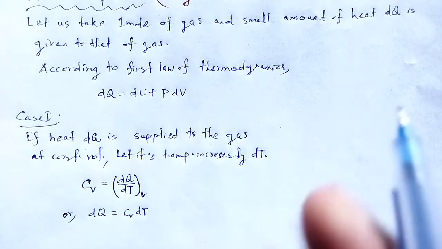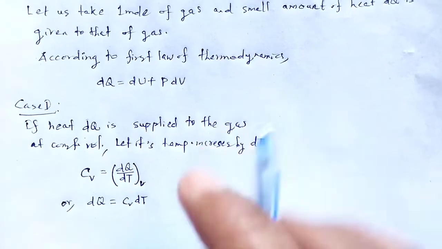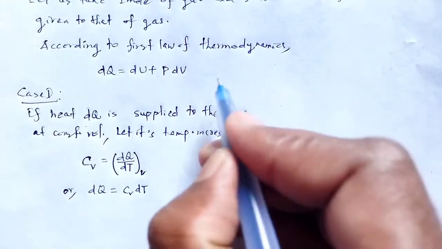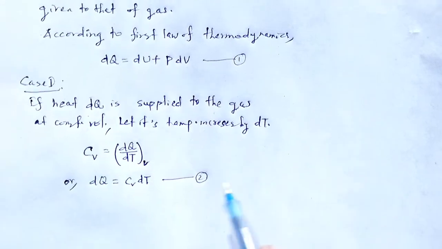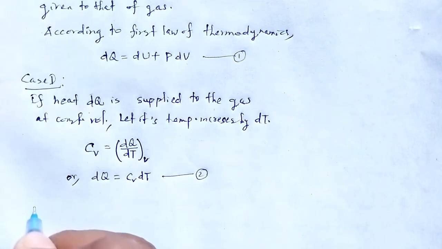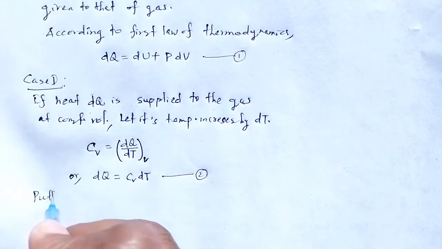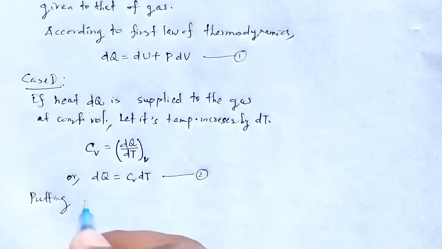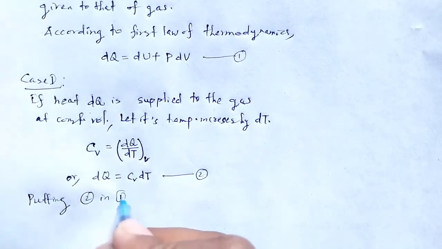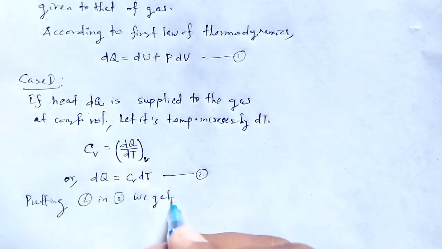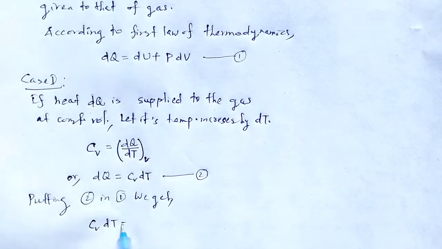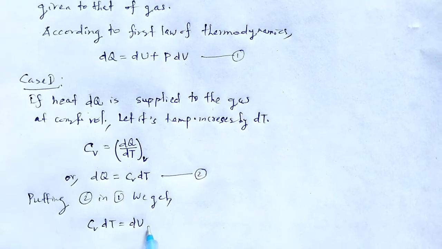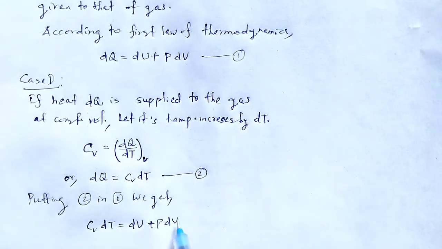Now, putting equation 2 in equation 1, we get Cv dt is equal to du plus pdv.